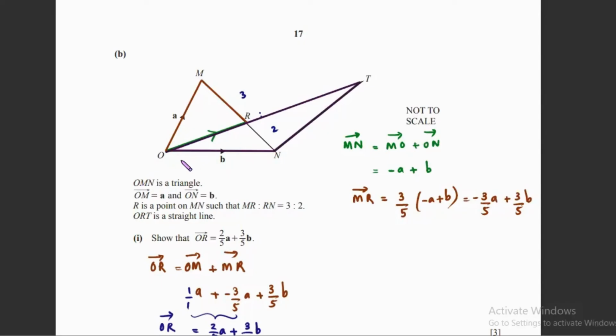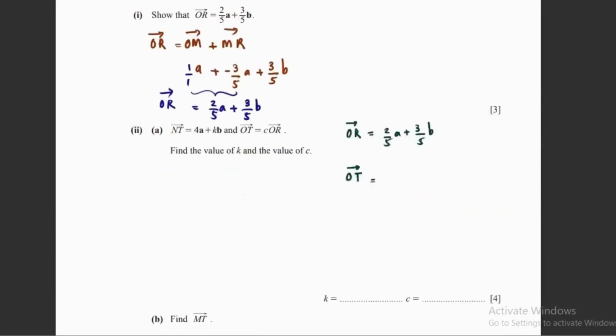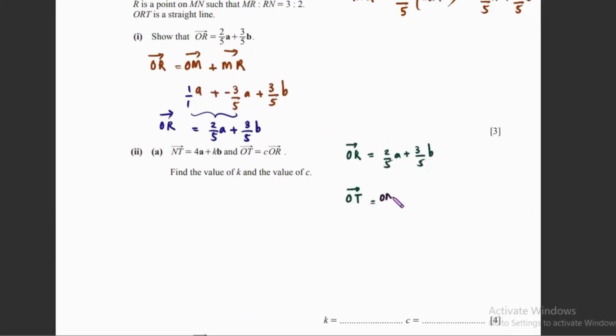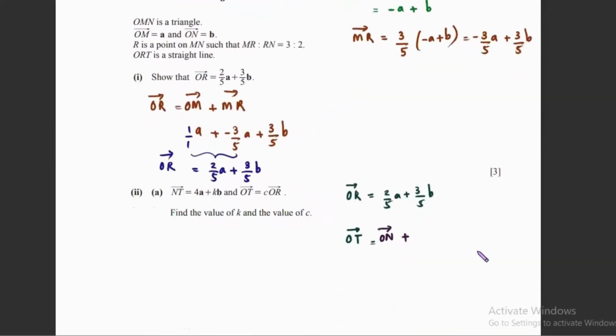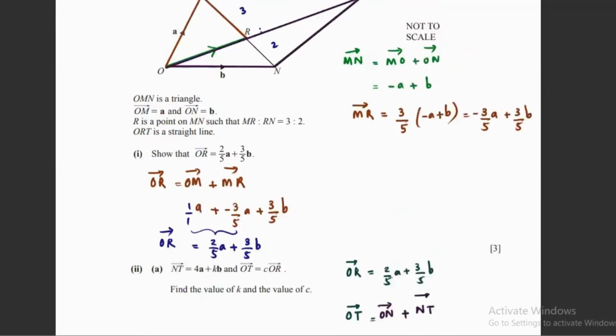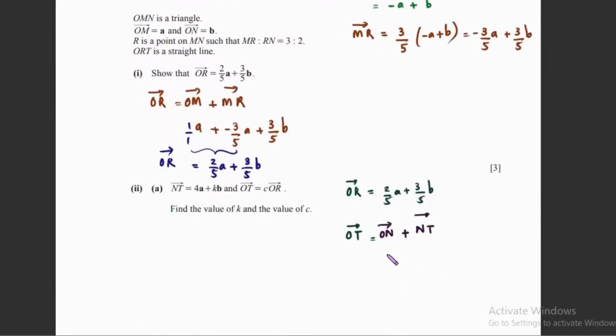In this case, O to N is given to us as B. So O to T is from O to N, and then N to T. So O to N is already known to us in the question, which is B, and N to T is already given to us in the question as 4A plus kB. So I'm going to write it here, 4A plus kB. This is equal to O to T.